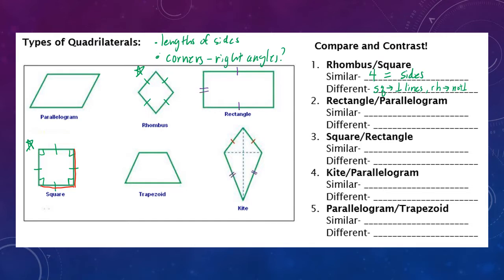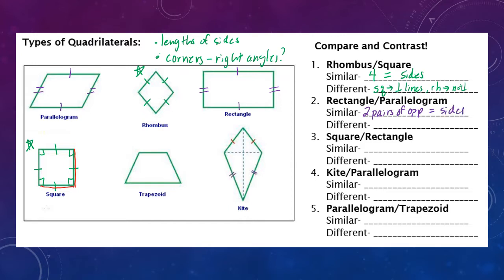And also the short sides on the right and left side are congruent to each other, but they're not all four congruent, because then it would be a square. That's true also of a parallelogram. The top and the bottom are opposite and equal, and the two sides are opposite and equal. So they're similar in that they have two pairs of opposite equal sides.